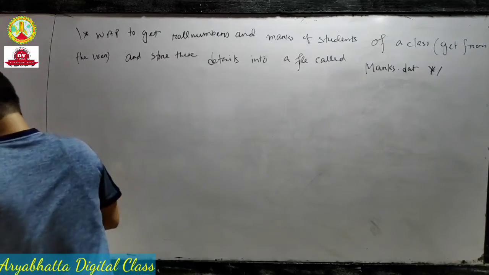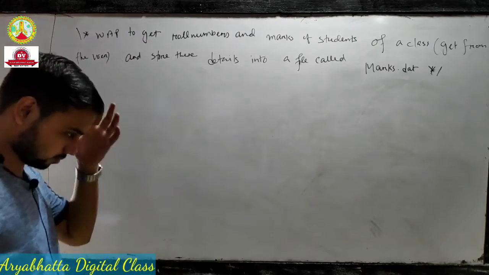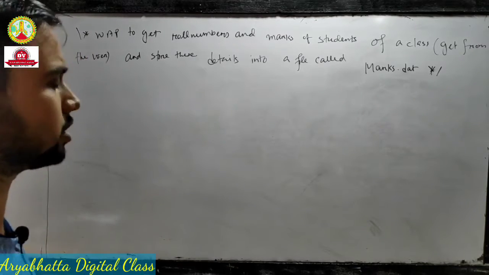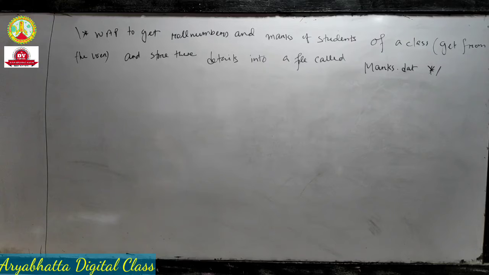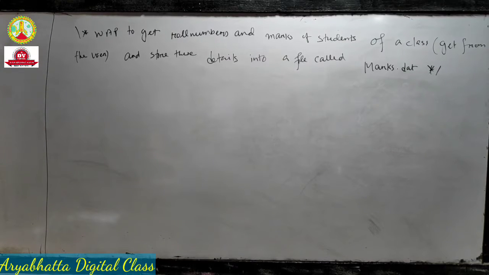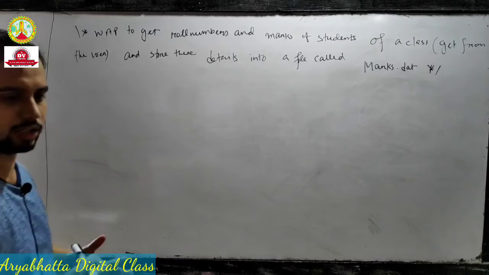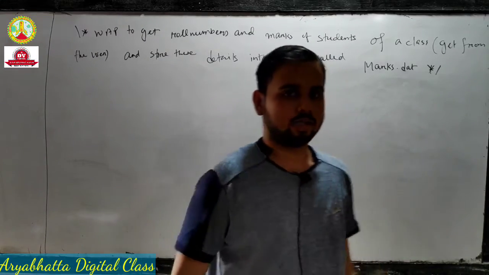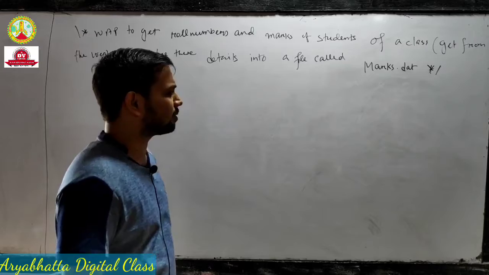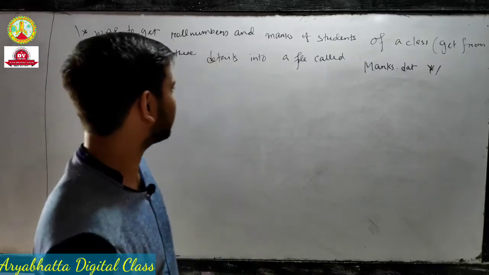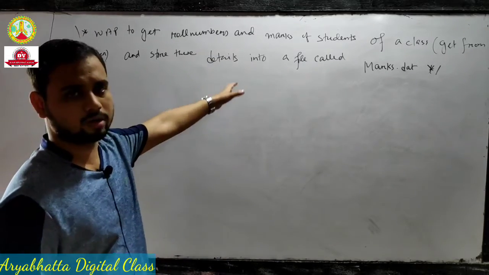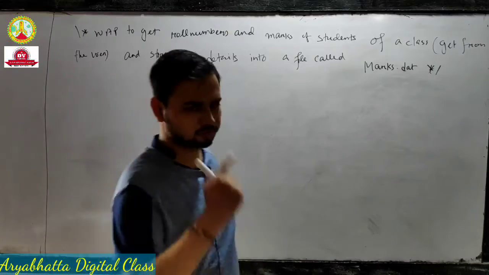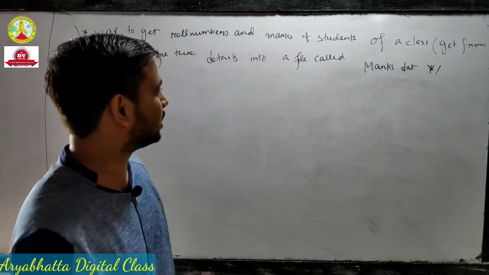So what does the question tell us? We have to create a file. Actually our work is to create a file. What is the information in the file? The file contains the details of the students, meaning the roll number and marks of students.